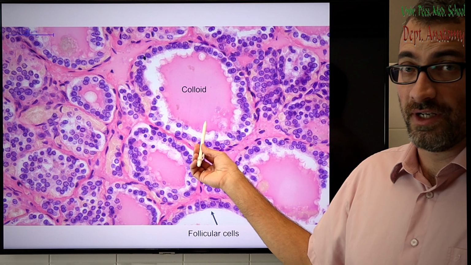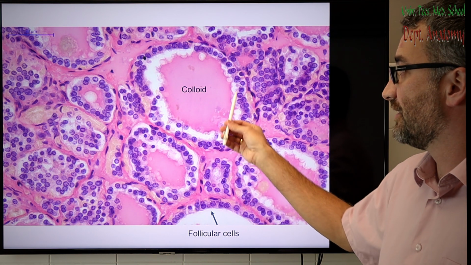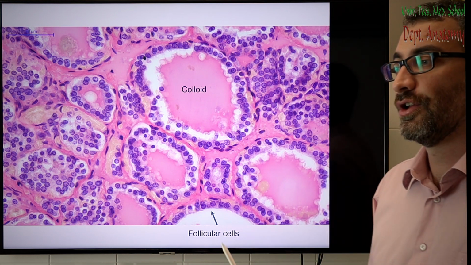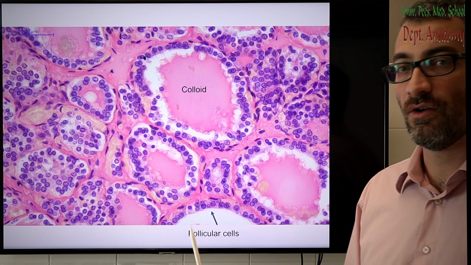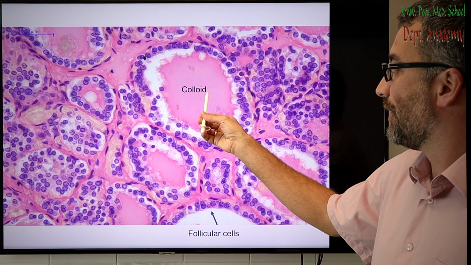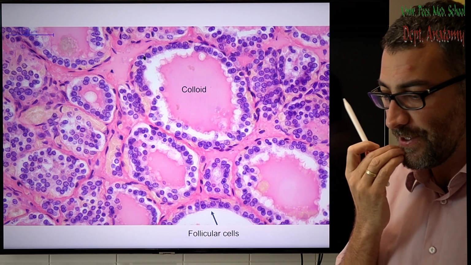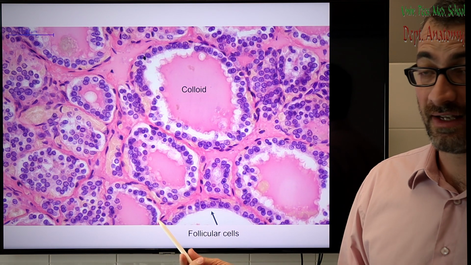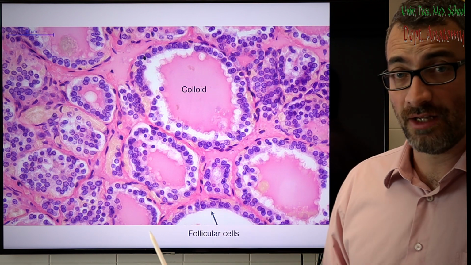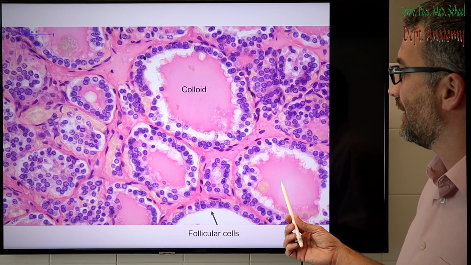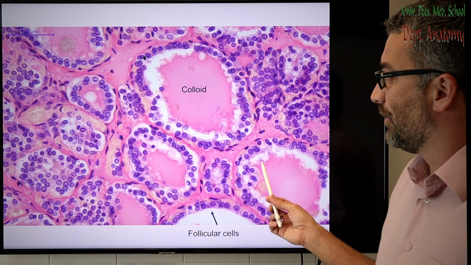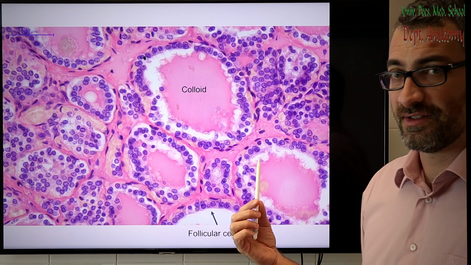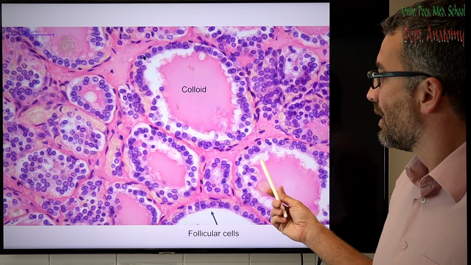In the lumen of the follicle, we have a homogeneous eosinophilic substance, which in histology is called colloid. The name refers to a fluid or jelly-like substance, which is very rich in proteins, and the same term is used also in the hypophysis for the pars intermedia.